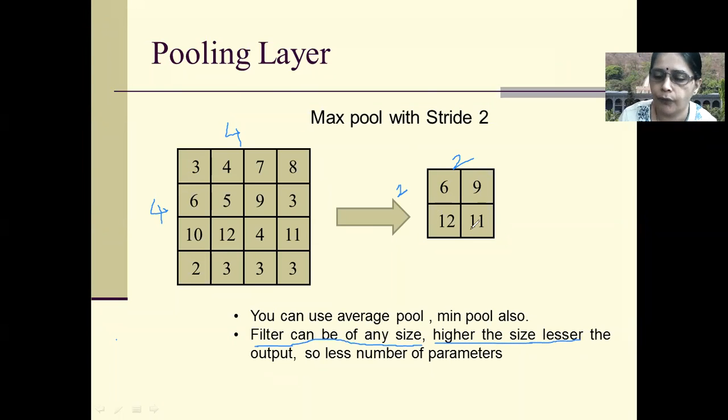So for the next layers, we need fewer parameters. Is this concept of the pooling layer clear to you? The pooling layer is not used to extract features, but it is simply used to reduce the size of the image and hence the number of parameters for the next layers in your convolution neural network.